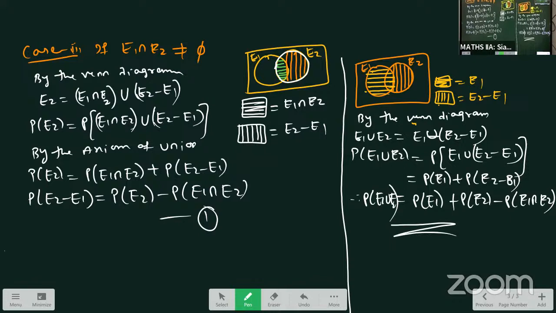Next question. Question number 2. This is about a 3 event problem.